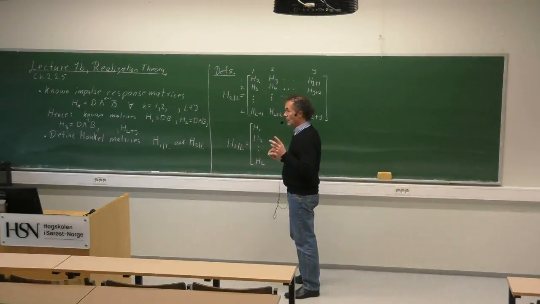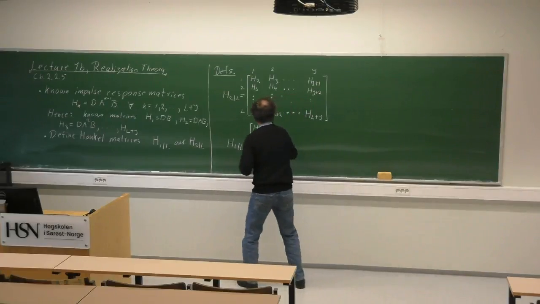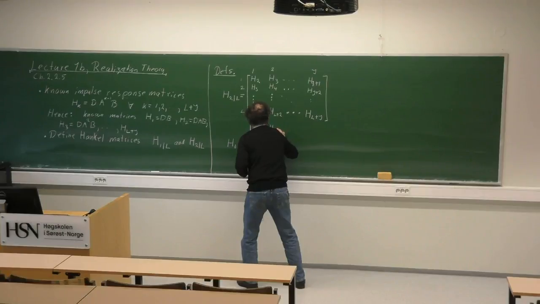And it becomes a Hankel matrix of a special structure where this second column is like this.